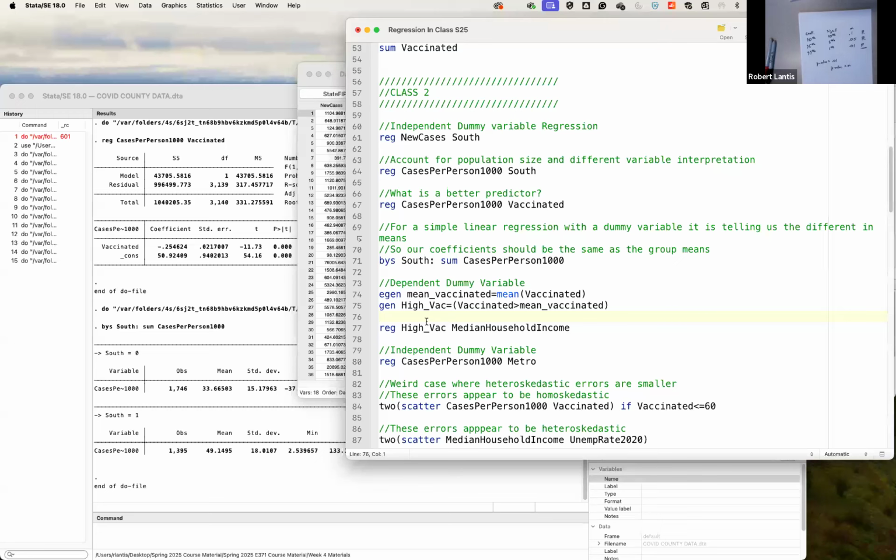I'm trying to predict whether or not a county had a high percent of its county vaccinated, so above the mean, based off of what the average or median household income was in that county. So this is really telling me that when counties have higher income, were they more or less likely to get a high percent of their county vaccinated, or were wealthier individuals getting vaccinated at higher rates? So I'm going to run this whole code because I have to create the variable first.